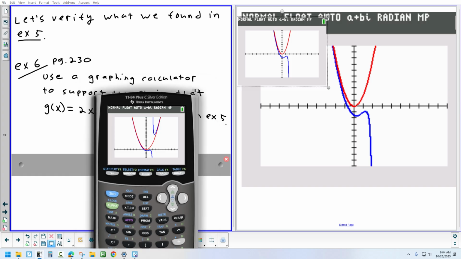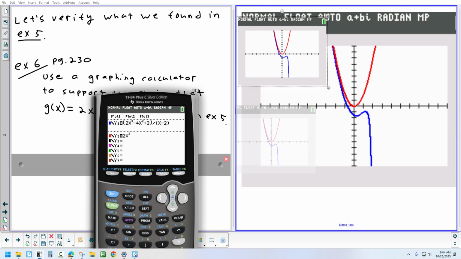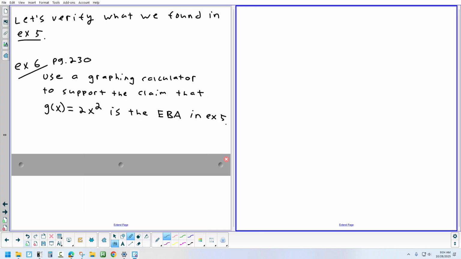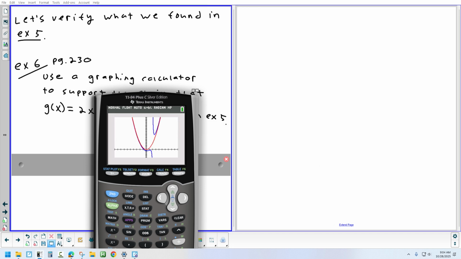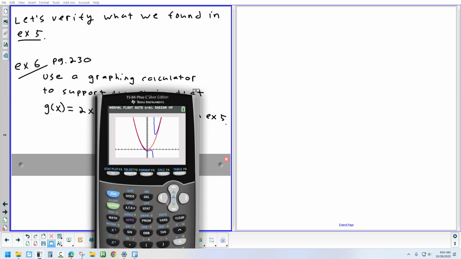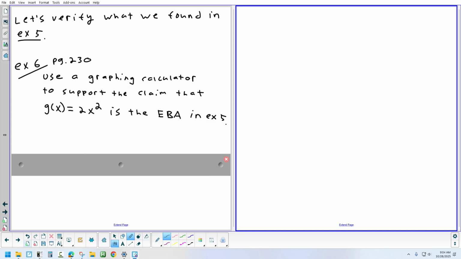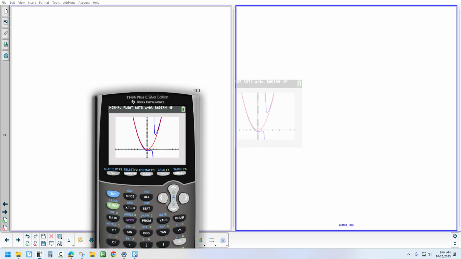What you don't want to focus on is what's happening in the middle right now. Okay? When you're looking at the EBA, you're just looking at what's happening on the edges. And if you block out, I don't know why I can't drag that over, but if you block out the middle, try on your page. There we go. Let's try it again. There.